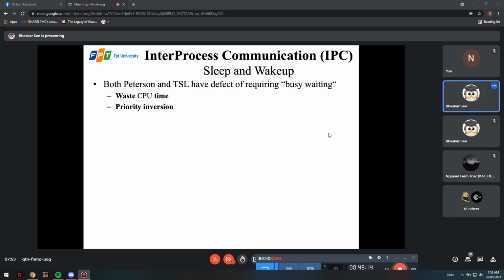Sleep call is a system call. Try to understand, sleep is a system call. Who gives the sleep call? The process which is currently executing inside the CPU, inside the resource. Any resource, the CPU is just another resource.